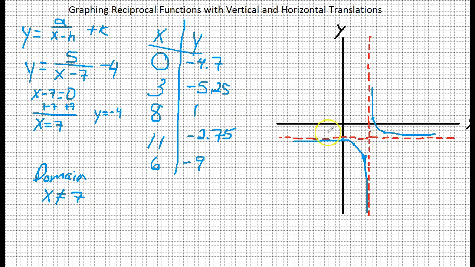Our y values are not going to cross negative 4. So y cannot equal negative 4. It will never equal negative 4. Why? Because for it to equal negative 4, the value of this fraction would have to be 0, and it will never just hit 0.